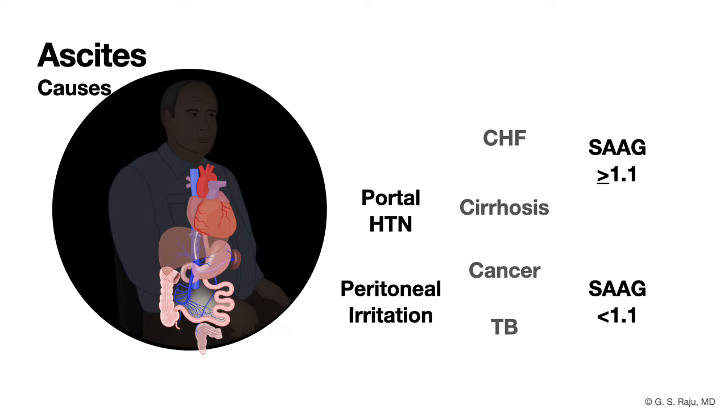So let us talk about when you see somebody with ascites and you think about heart failure, you should be able to diagnose heart failure as a cause for the ascites by looking at the signs of right heart failure. Jugular venous distension.